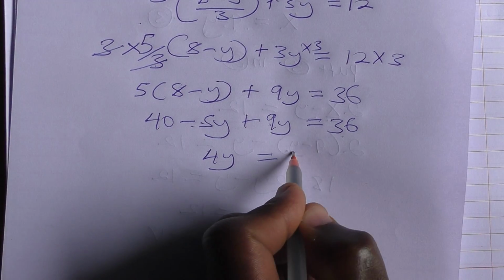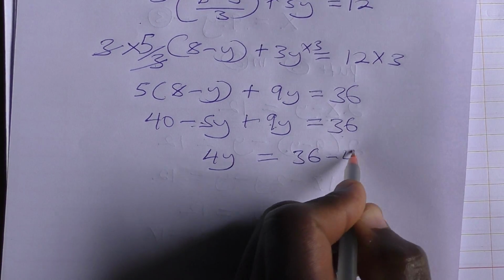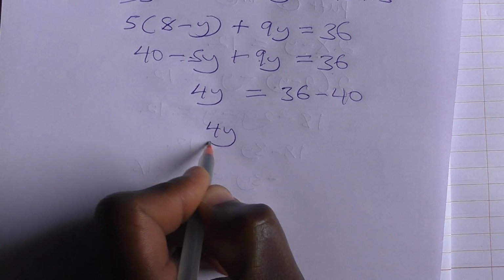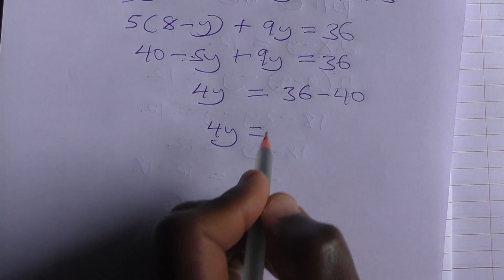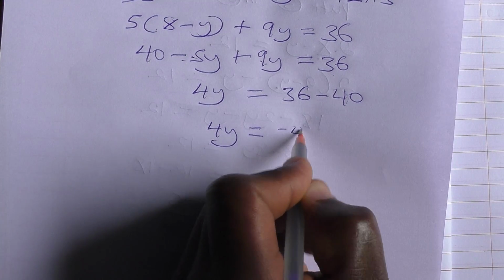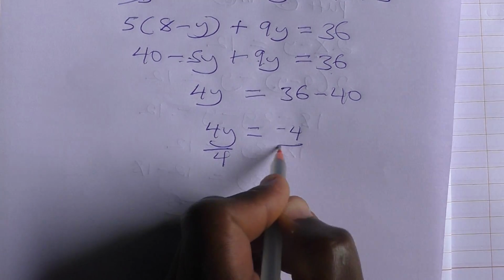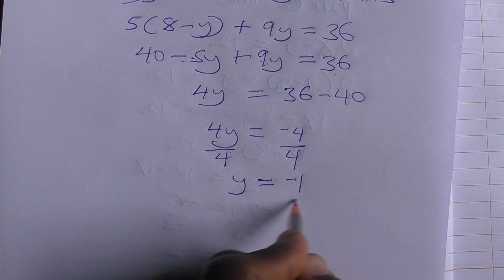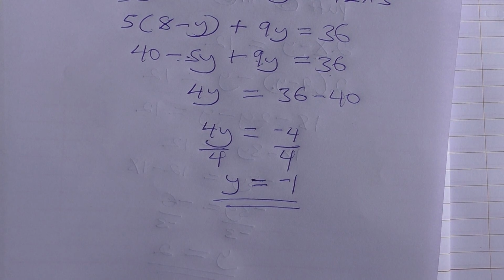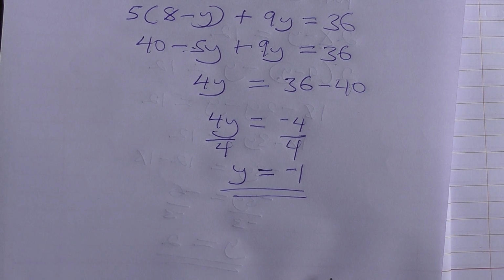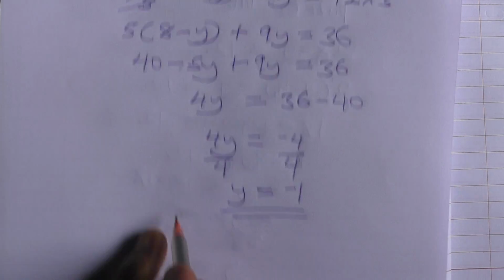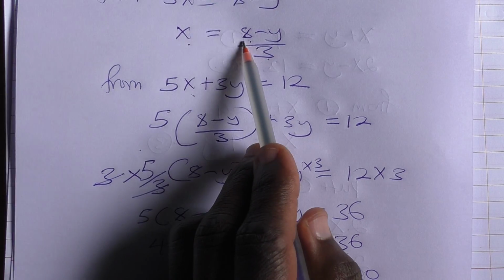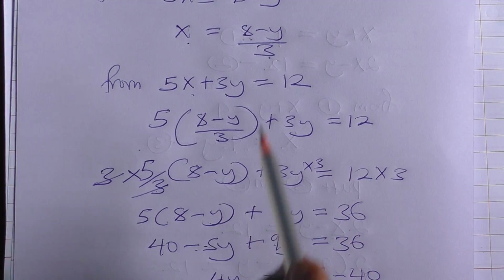Then you get 36 minus 40, hence giving us 4y as negative 4. Dividing by 4, we come up with y as negative 1. After coming up with negative 1, we already have the equation for x, which is 8 minus y over 3.